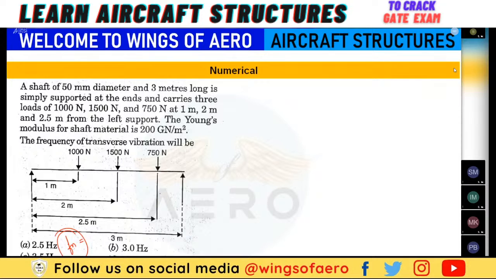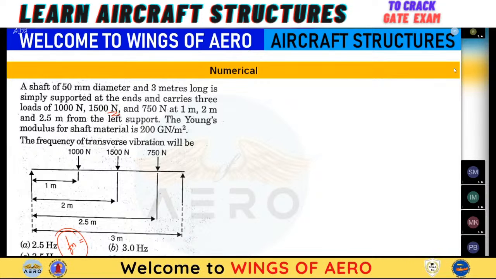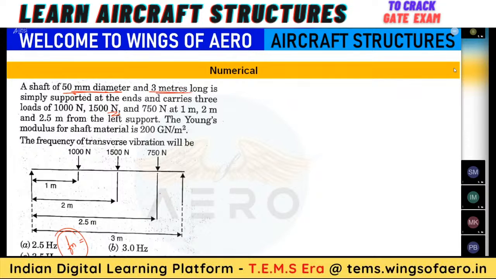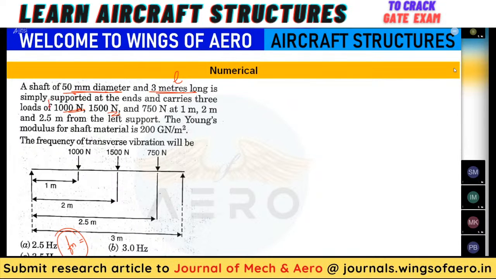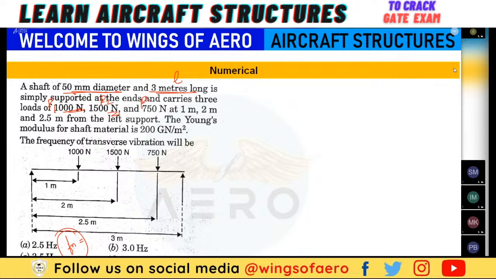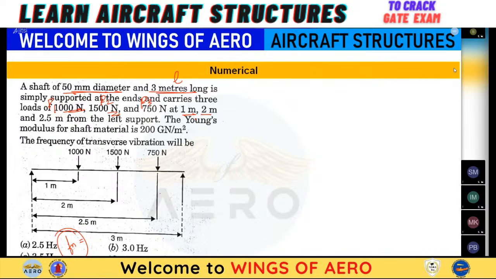They have given a shaft whose diameter has been given. The total length is 3 meter. 3 different loads have been given, so I can say P1, P2, P3, with respective end supports.